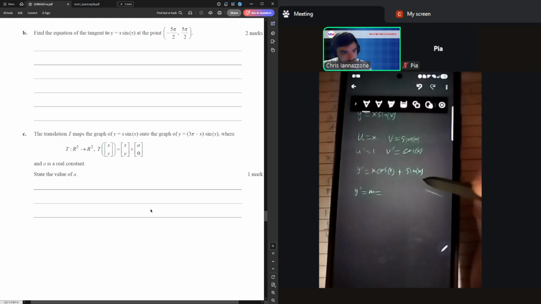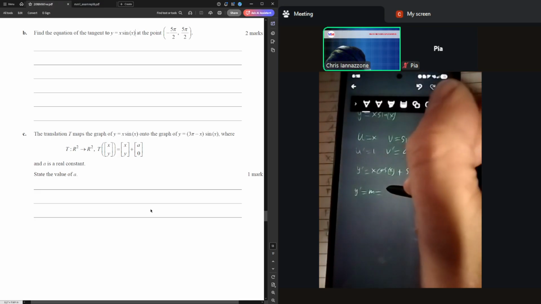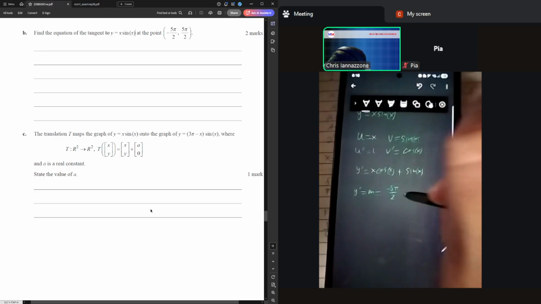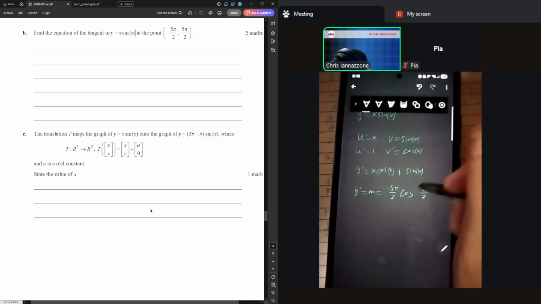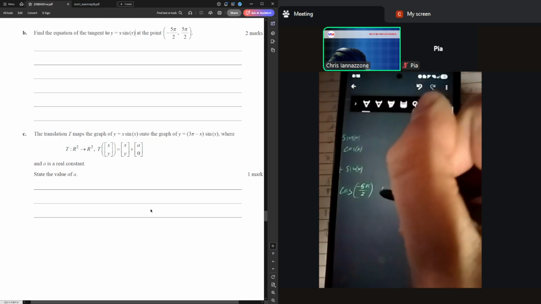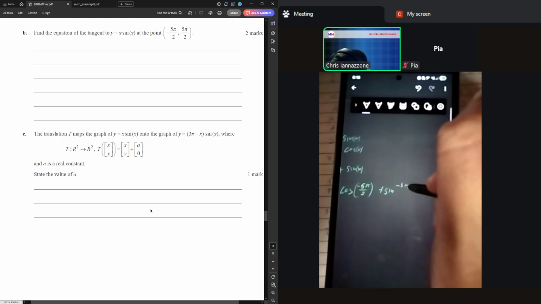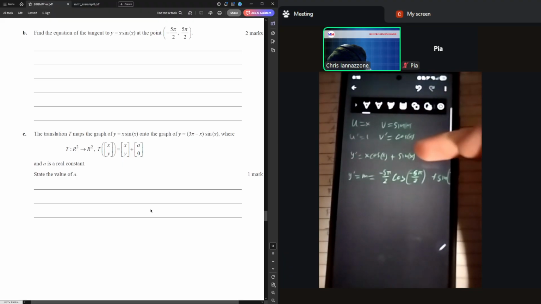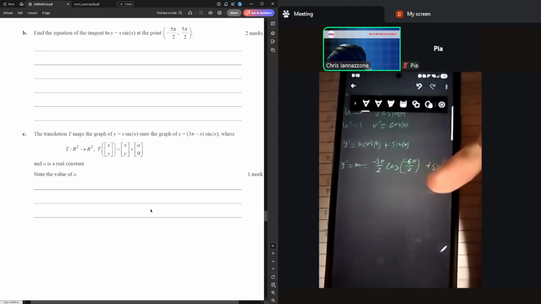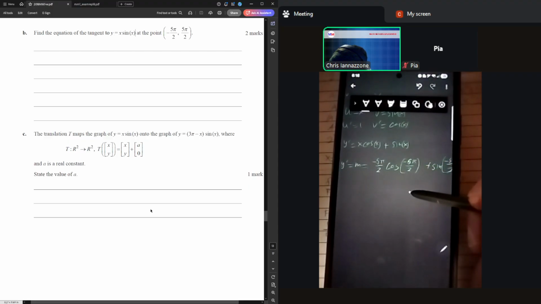Gradient. Yep, so negative 5 pi on 2 cos negative 5 pi on 2 plus sine negative 5 pi on 2. This requires your unit circle ability. Negative 4 pi over 2 puts you here, so negative 5 pi over 2 would then put you there.